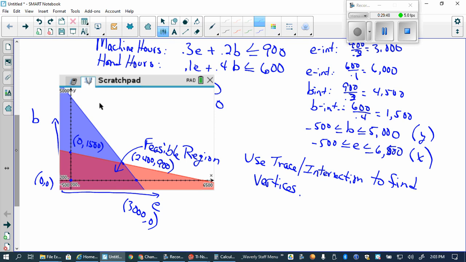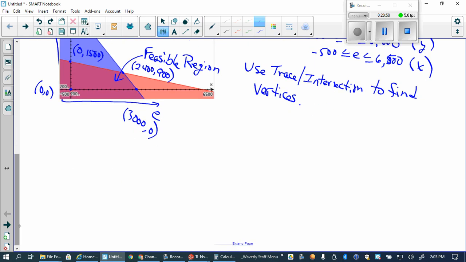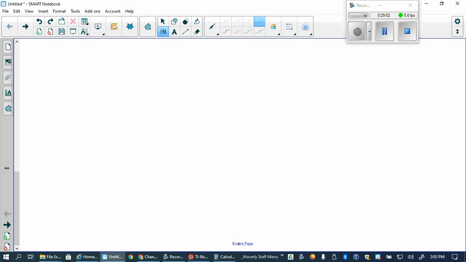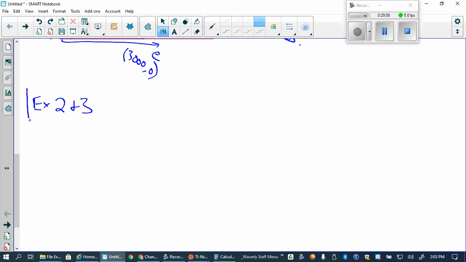Anyway, let's go to example 2, because then they're going to give us some things here. Actually, I'm going to do 2 and 3 together. They found the vertices, basically, so we kind of did example 2 already.